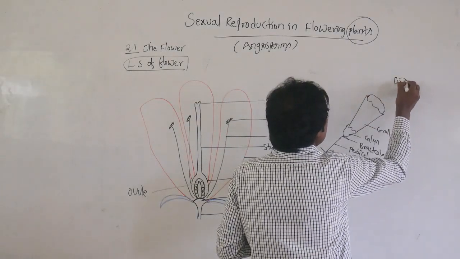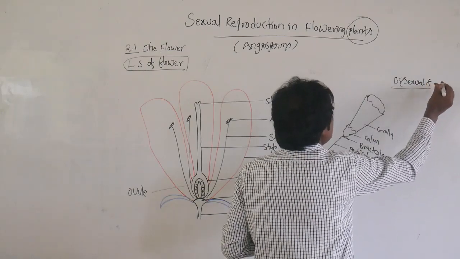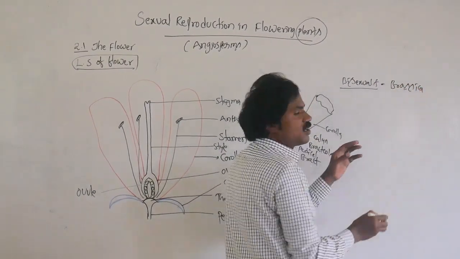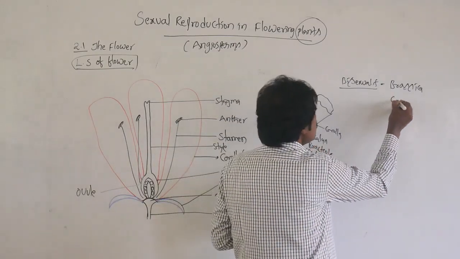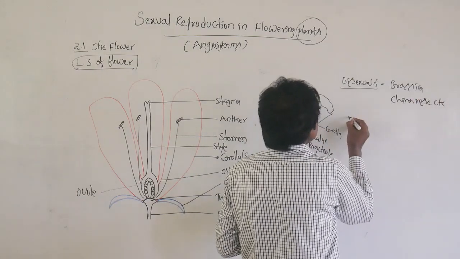Now say an example of a complete flower. That means bisexual flowers. Bisexual flowers we normally observe in Brassica, and like China rose we just mentioned; it is the best example.